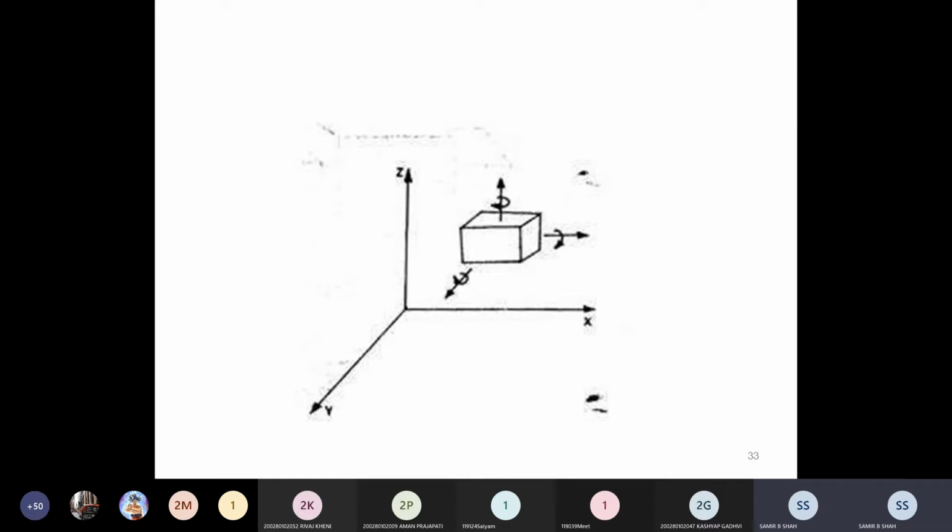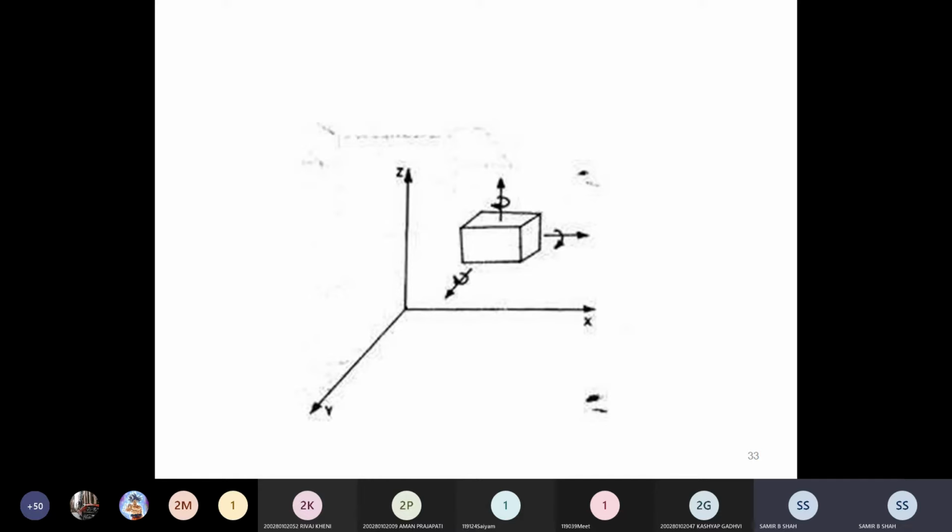Suppose this is one figure available in space. Now, if I want to exactly define its location, then it is necessary to define its mobility and its degree of freedom.